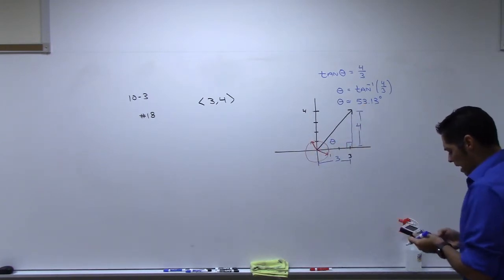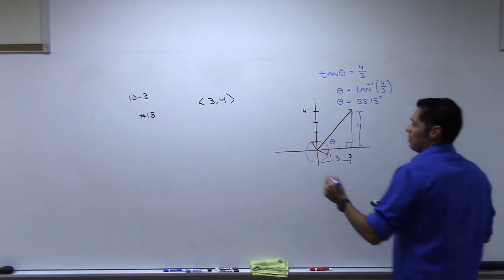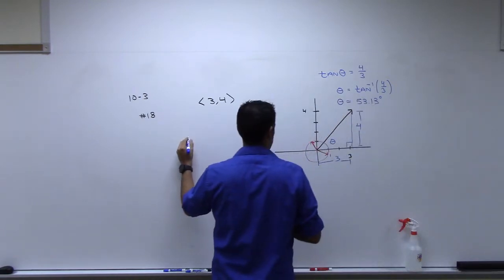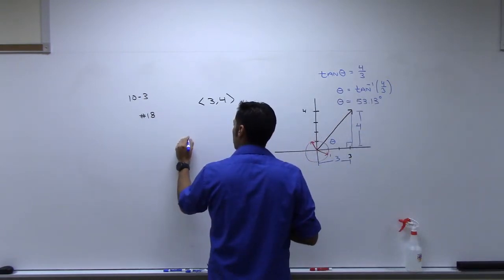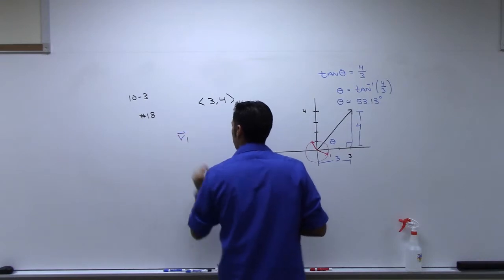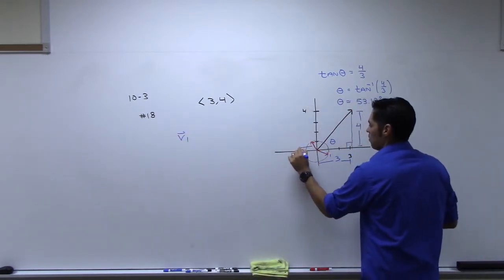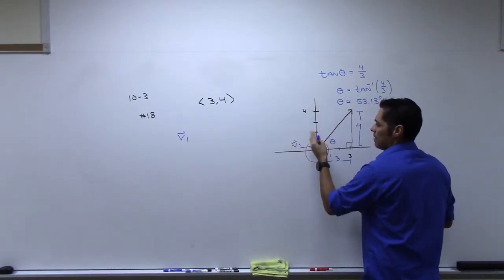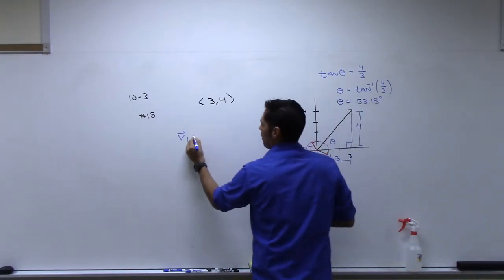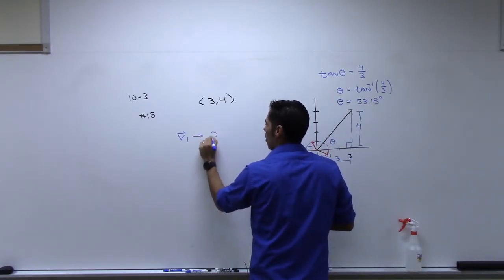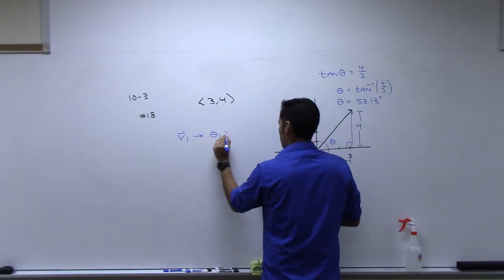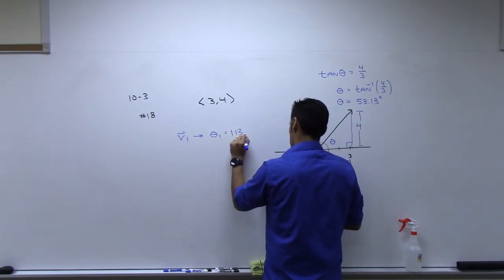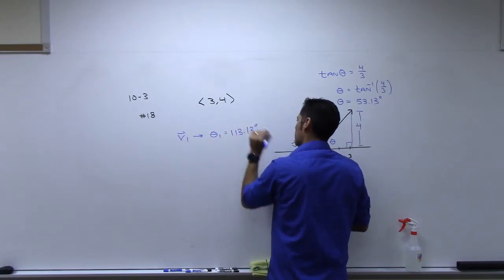This becomes really simple now because to find these two vectors, I just need to add 60 degrees to that, and that would give me one angle. For vector 1, the first vector I'm going to look for, which would be this one, V1, I add 60 degrees. So for V1, its angle, theta 1, is equal to 113.13 degrees.